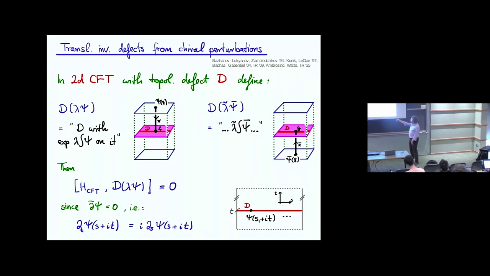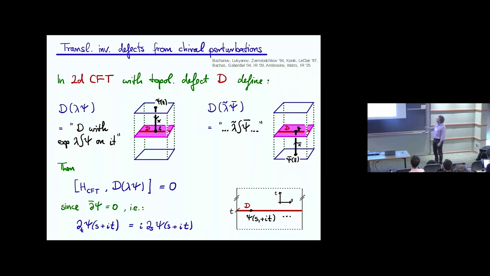If I have a holomorphic field, the derivative in the t direction I can trade for a derivative in the s direction here. Then it becomes shifting the integration parameter, and I can absorb that into the integral. So fairly trivially, these commute with the conformal Hamiltonian. They actually also commute with all the anti-holomorphic Virasoro generators in this example. But in particular, they commute with the conformal Hamiltonian.